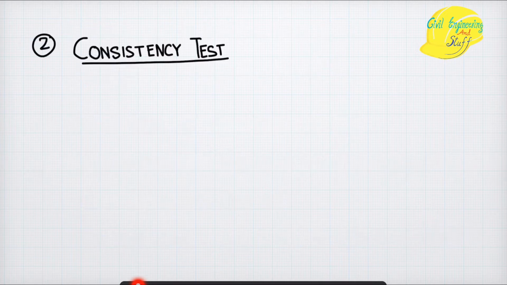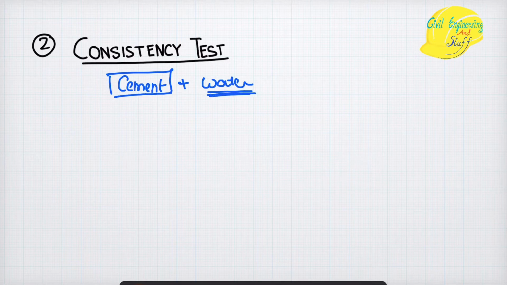The next, and one of the most important properties, is the consistency of the cement, right? And this is found out from the consistency test. So in the consistency test, we have a batch of cement, and we know that the hardness, cohesion and adhesion properties are obtained when we add a certain quantity of water to the cement.